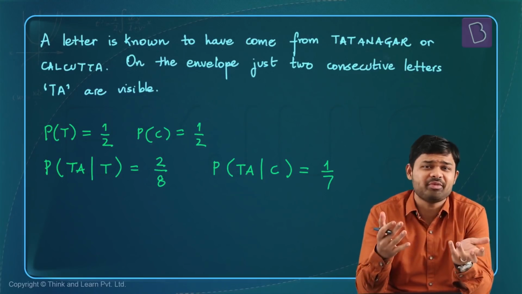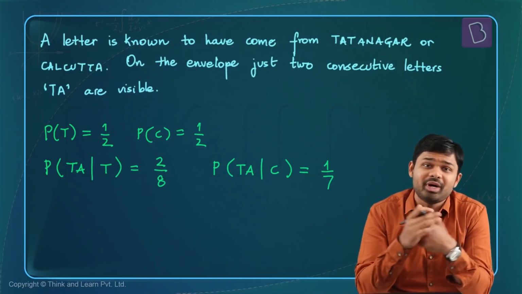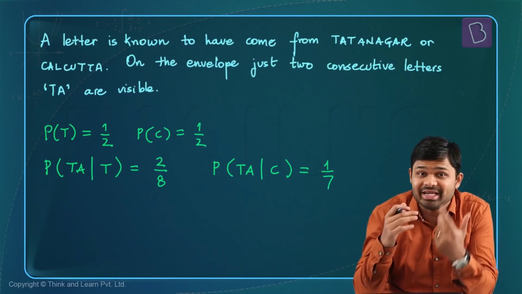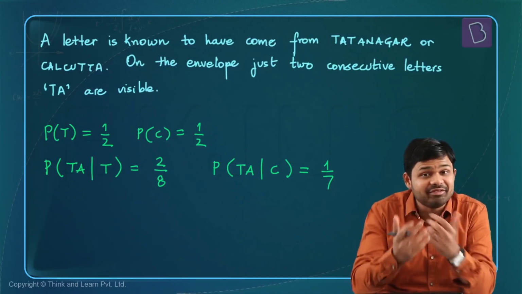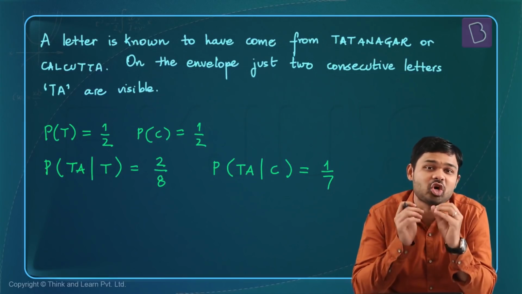Now we have all the information required to go forward and use Bayes theorem to identify the probability of the letter coming from Calcutta, given that we know TA appears on the envelope.